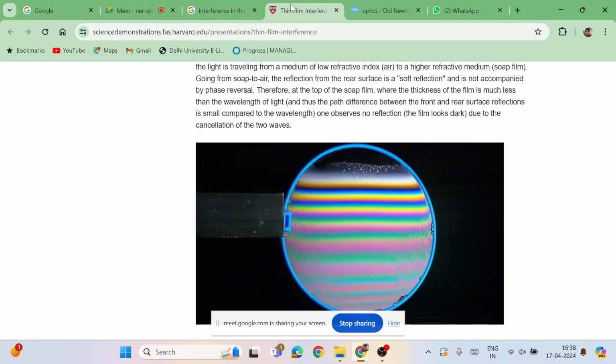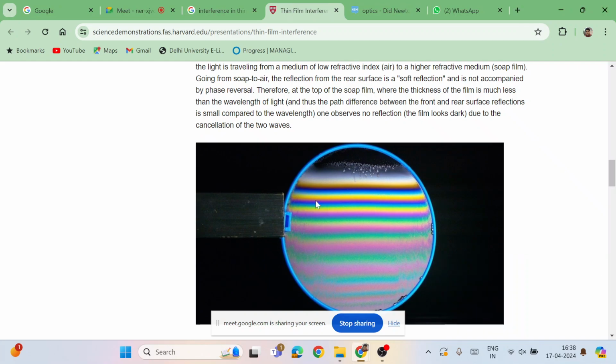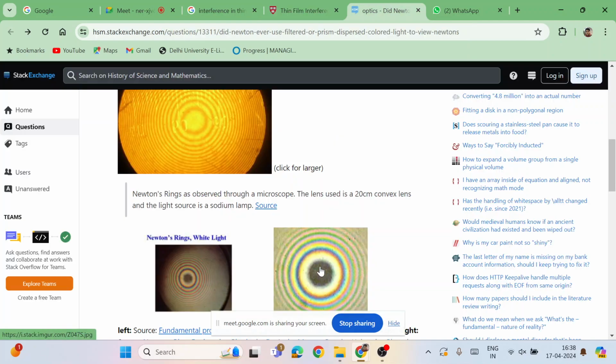Okay, so you can see this interference pattern is actually the interference pattern created by the wedge-shaped film. These are parallel interference patterns. This is constructive interference. After some time, constructive interference of another color will come, then of a third color, and a point will come when there will be a completely dark fringe. But in the case of the Newton ring setup, this type of interference pattern will be there.